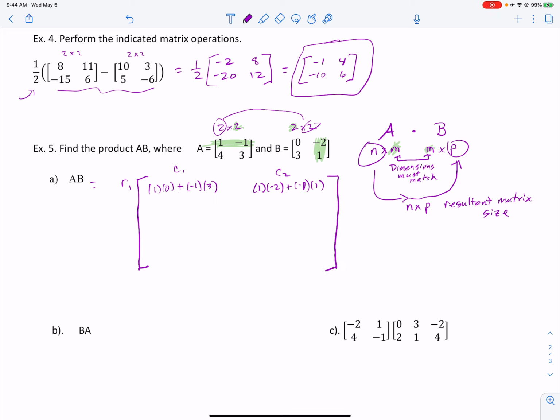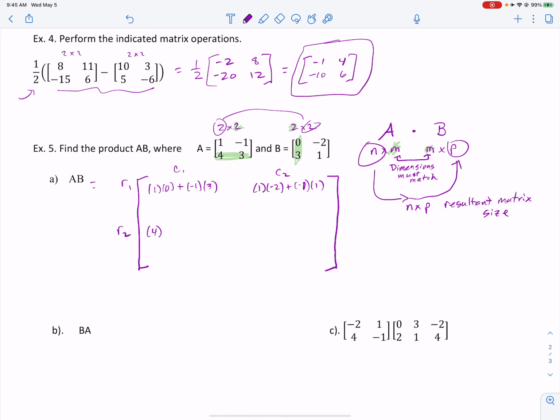I've run out of columns on my second matrix, so I am done in terms of the number of columns I'm going to have in my resultant. So now we switch and work with row 2 in the first matrix, and we go back to working with column 1 in the second. We multiply corresponding elements.